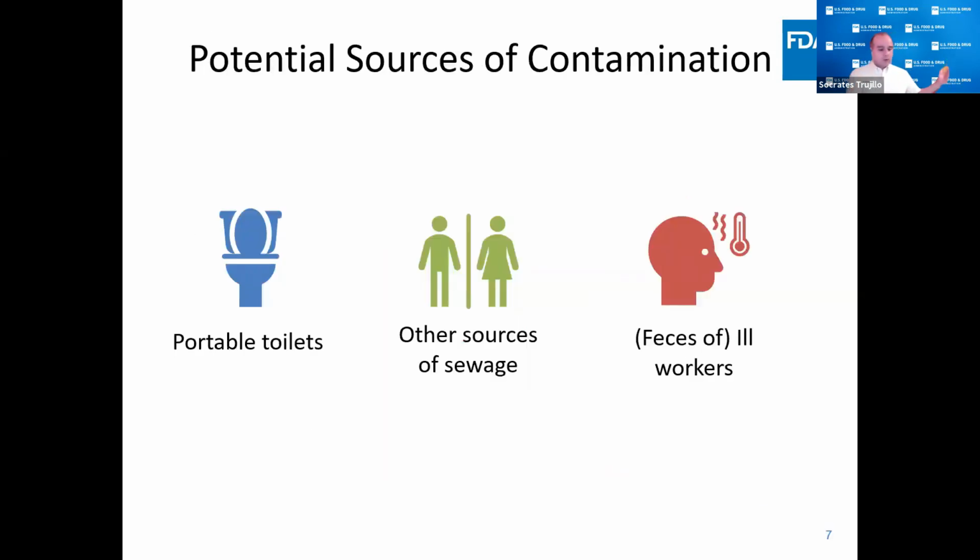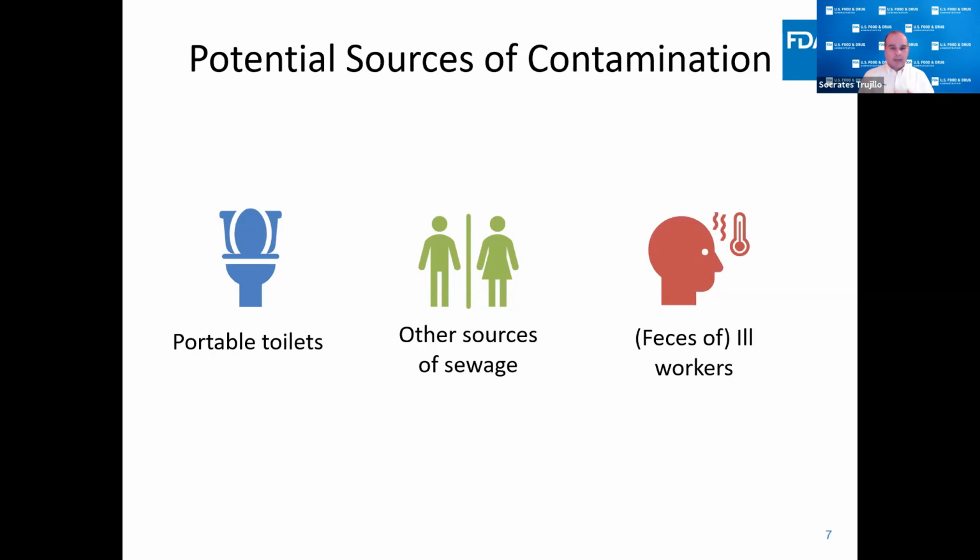And as I've been telling you here and there, the source of this specific parasite, Cyclospora cayetanensis, is through feces, human feces. Portable toilets are of concern, and something we want you as state inspectors to pay attention to when you go into a farm or a packing house.